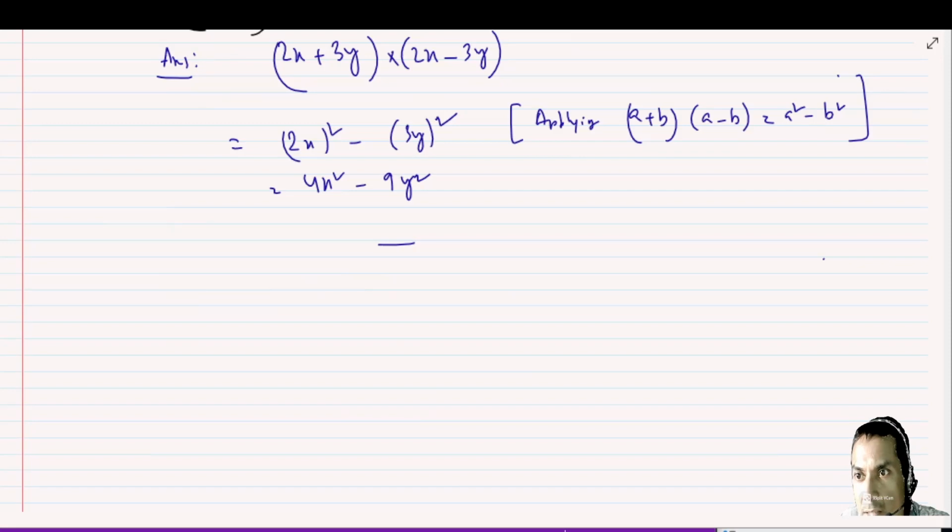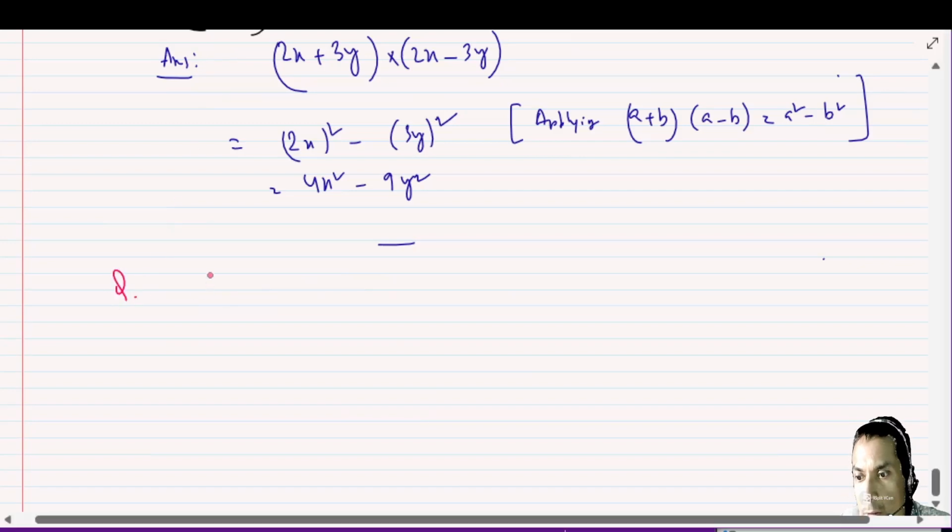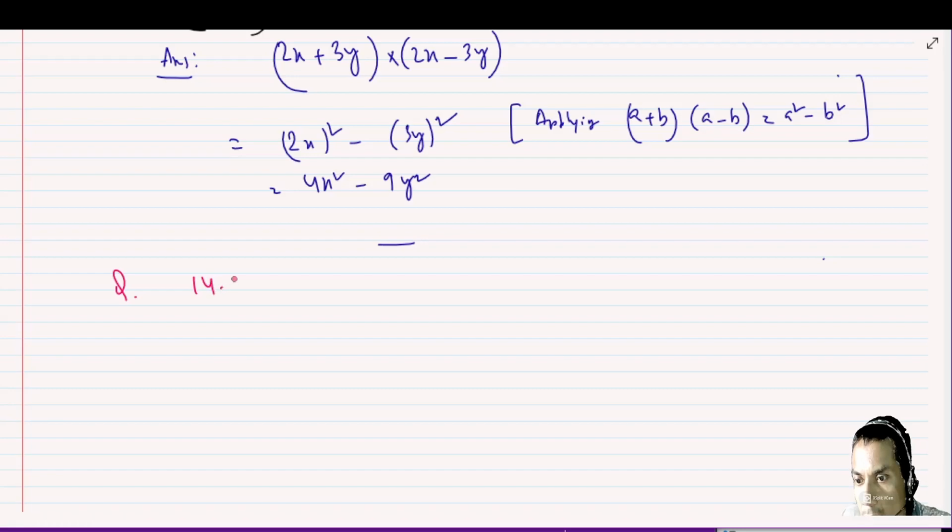Now try another question. Find out the value of 14.7 into 15.3. By looking at this value, you have to identify which algebraic identity we can apply to solve this easily.